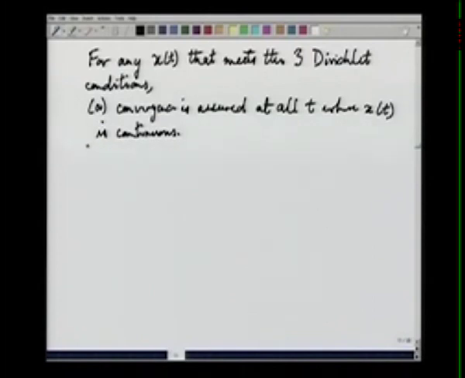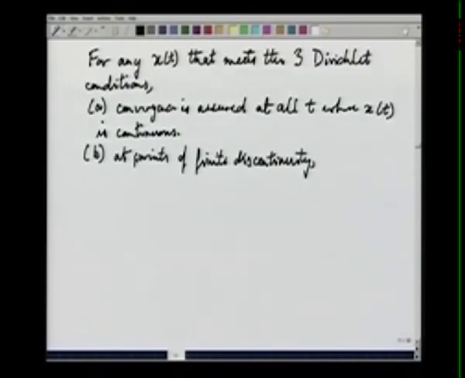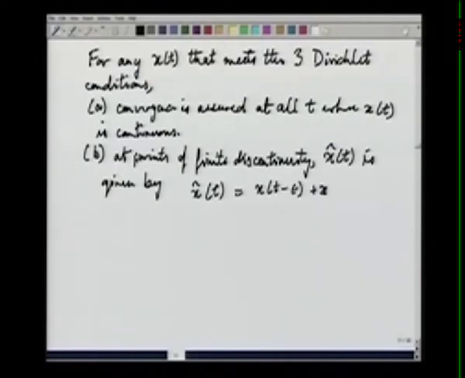At points of finite discontinuity, x hat t is given by x hat t equals x of t minus epsilon plus x of t plus epsilon divided by 2.